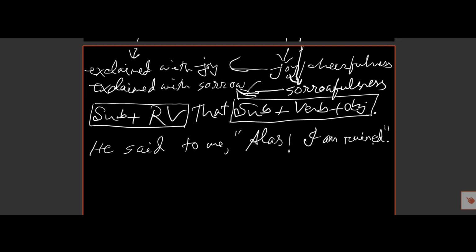Here is an interjection, and the interjection expresses sorrow, and after the interjection there is a subject, then a verb and object. So it is in the direct narration, and the reported speech is now in the exclamatory sentence, and the reported speech begins with alas, an interjection. So alas expresses sorrowfulness, so said to will be changed into exclaimed with sorrow.